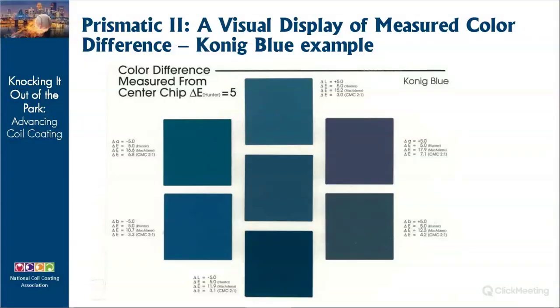However, when we look at the yellow and blue, this CMC value drops in half to 3 units, and down from 7.1 to 4.2. The reason for that is this is a chroma change, and we're not as sensitive to chroma changes as we are to hue changes. So the top 2 represent hue changes, these 2 represent chroma change, and then lightness, darkness differences have a value of 3 on a CMC scale.